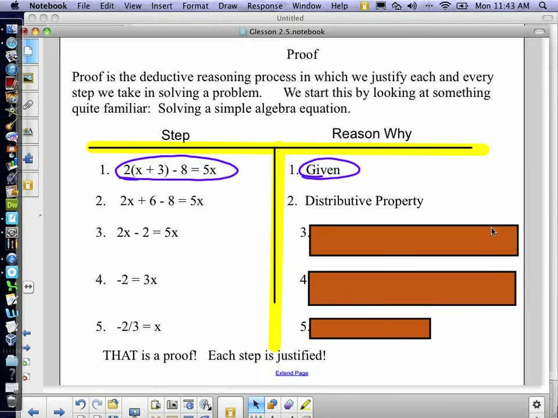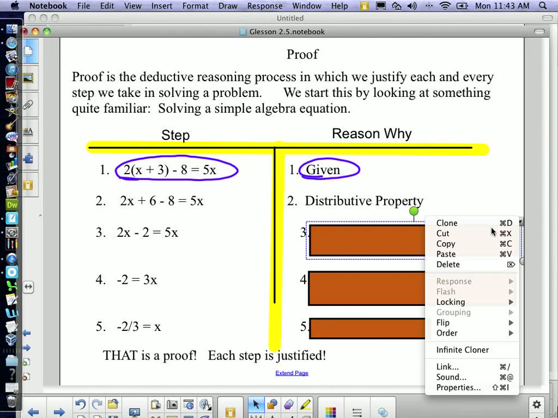What next? I went from 2x plus 6 minus 8 equals 5x. The right side did not change at all. It's still 5x. The left side now became 2x minus 2. I combined like terms. Which of my properties did I say allows combining like terms? Check your notes. Excellent.